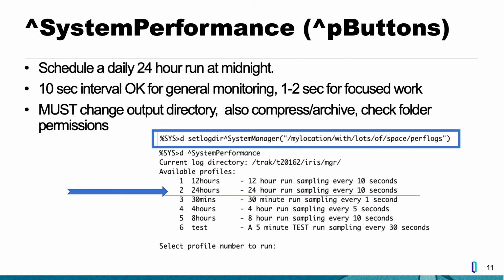And we do that because we know that folder exists because you've got IRIS running. But if that disk fills up with your System Performance data, then things grind to a halt and you've got a bigger problem. So one of the first things I tell people, for example with our TrakCare customers, is to put it on a backup drive or somewhere where we know that if things go wrong, there's no issue.